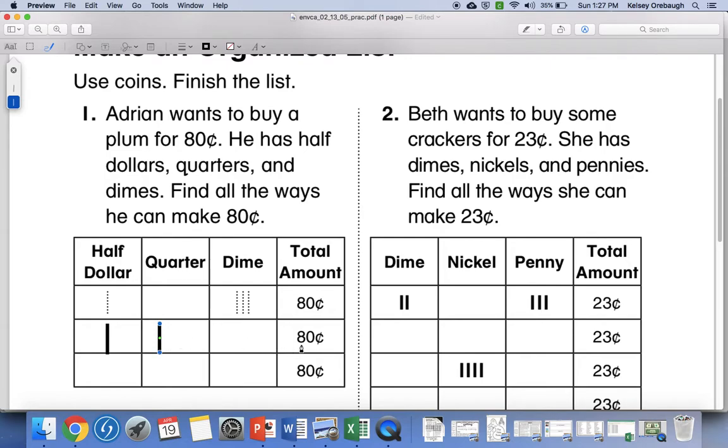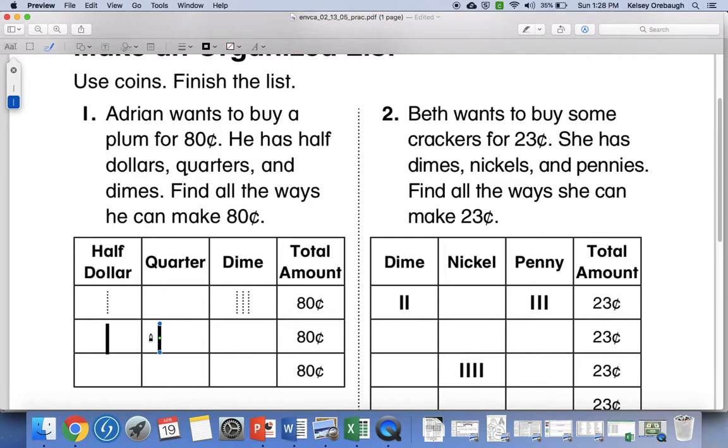Well, we're not quite at 80 cents, but the only coin Adrian has left would be a dime. A dime is worth 10 cents. If we have 75 cents so far and we can add a dime, that would put us at 85 cents. So that won't work. That would be too much. So that tells me that I cannot combine a half dollar and a quarter.